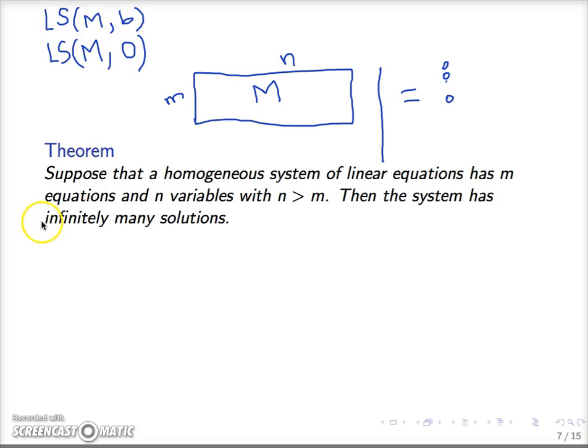We should keep in mind that for a homogeneous system, infinitely many solutions means a scenario in which we have dependent variables, and we also have free variables.